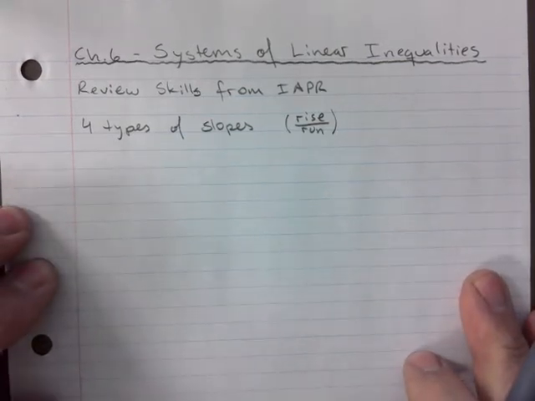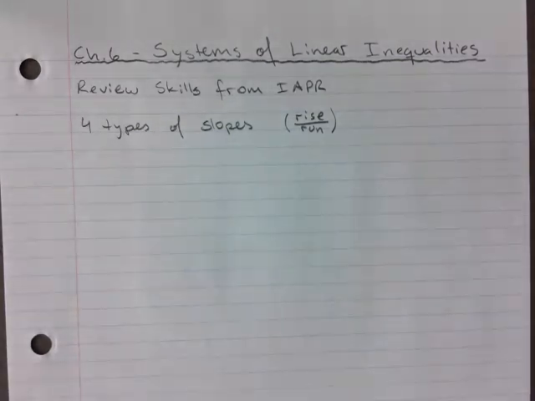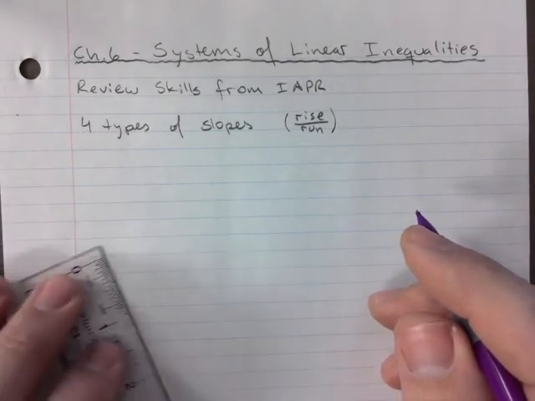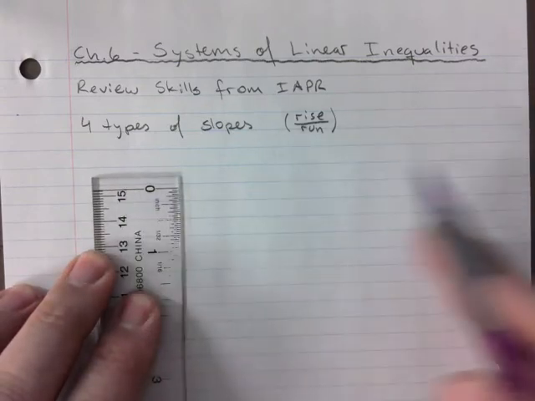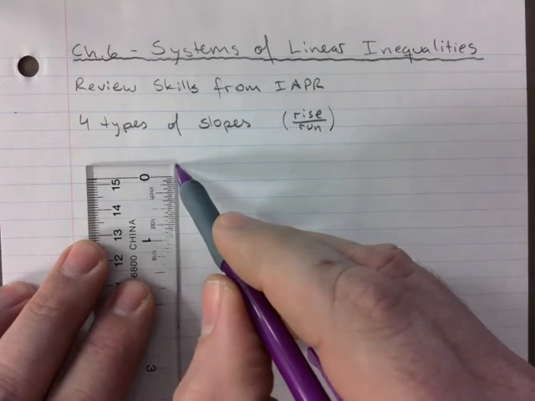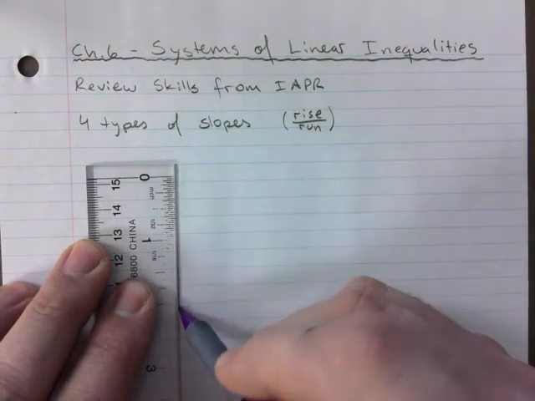Is there somebody that's still owing me a ruler? If you have one of my rulers, if you can give it back, I'd appreciate that. But anyway, I'm going to split this into 4 columns here. Don't make the lines too dark.